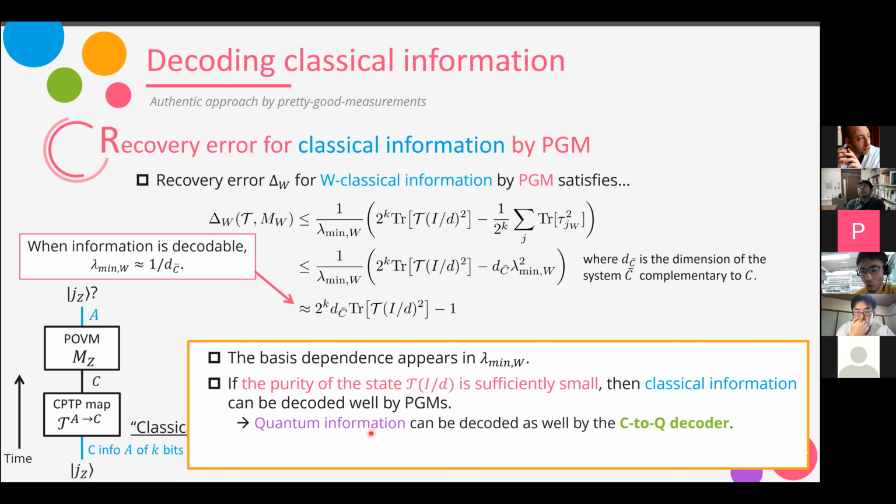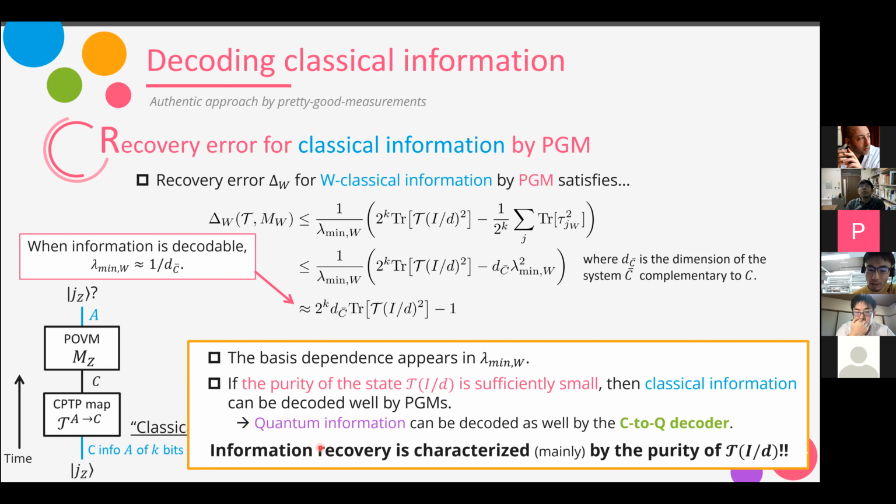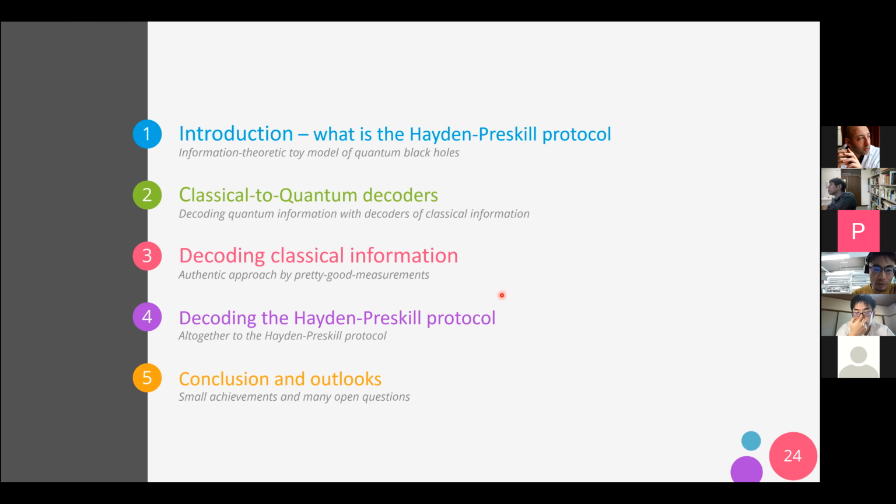So this is really a sufficient condition for information recovery, which I believe is important. So I will rephrase: information recovery is characterized mainly by the purity of this state. Good, so this is our second result. And finally, I will use these two techniques to decode the information in the Hayden-Preskill protocol.